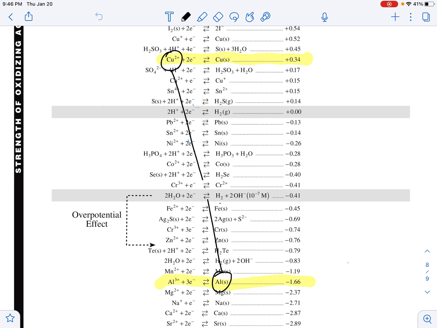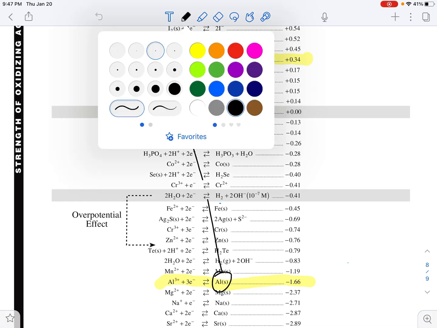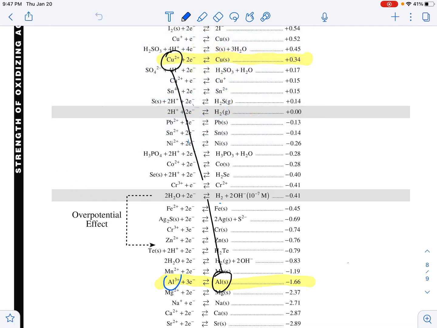I can either have the copper ions reducing and the aluminum oxidizing, or the aluminum ions reducing and the copper oxidizing. So I'll do the blue one as well. Okay, so the black one is copper ions reducing and aluminum oxidizing, and the blue one is aluminum ions reducing and copper oxidizing. Well, which one's the spontaneous combination?